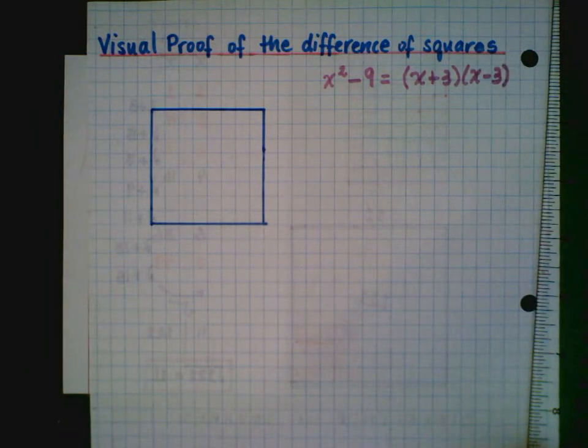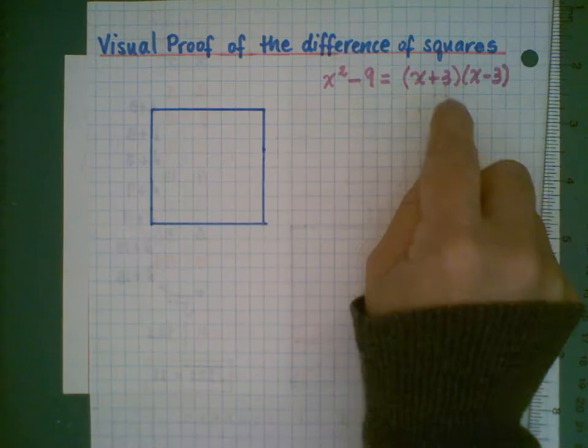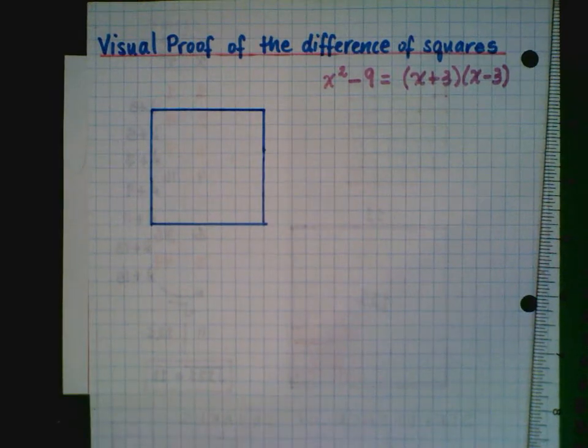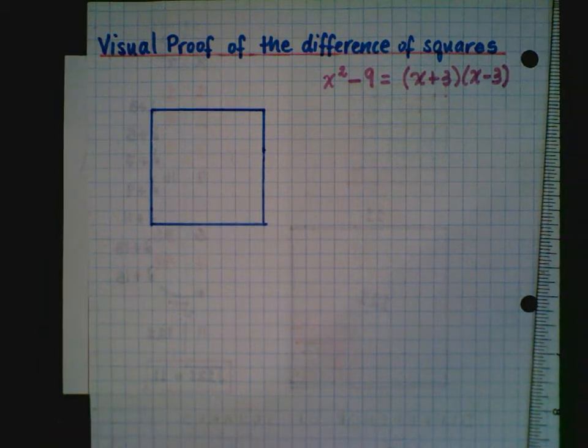If you haven't seen this previously, then this demonstration will show you why that is the case. And if you have learned it as a fact that you've just memorized, perhaps this will help clarify why that fact is so.